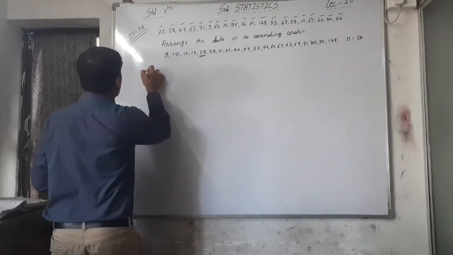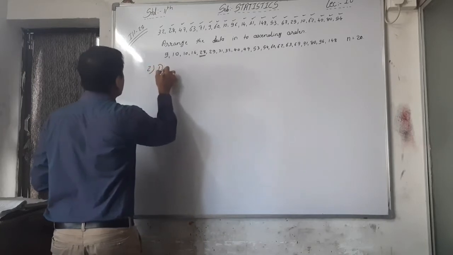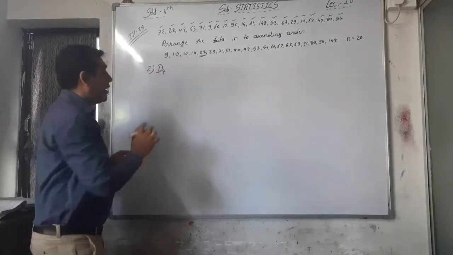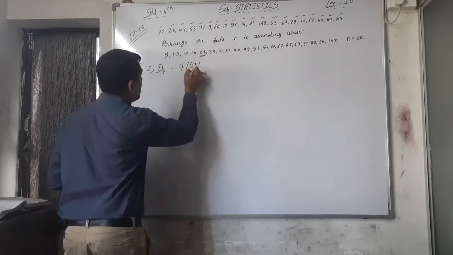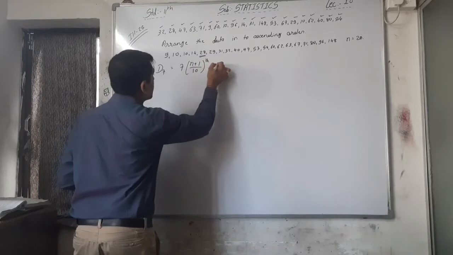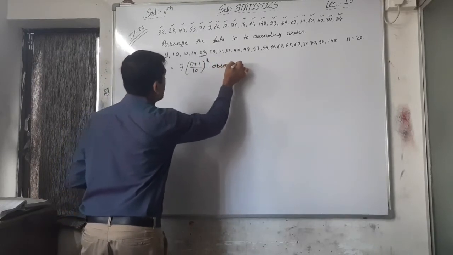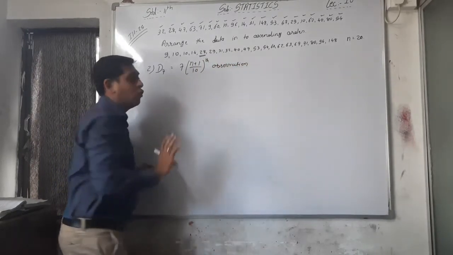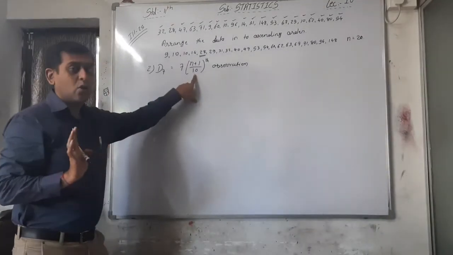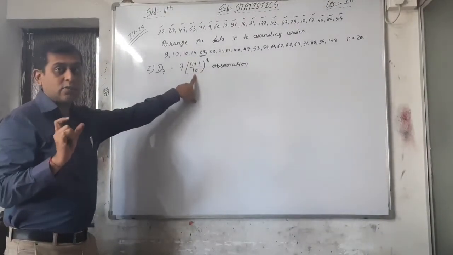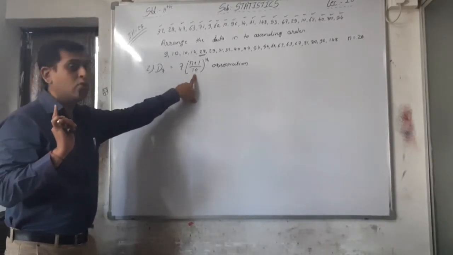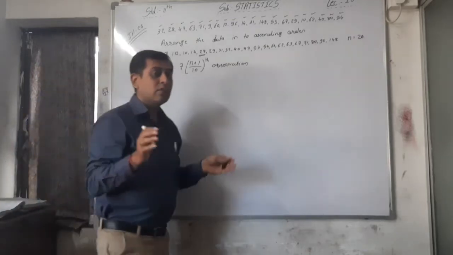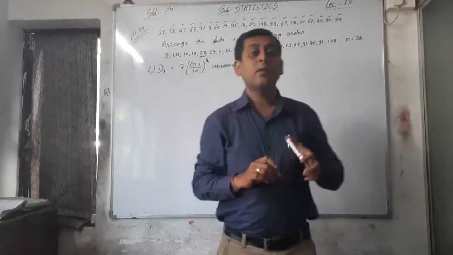Now the second question is D7. The seventh decile is equal to, what is the formula? 7 into n plus 1 by 10th observation. See, in the quartile you write 4 in the denominator because the data is divided into 4 parts. Here in decile you write 10 in the denominator because we divide the data into 10 equal parts.